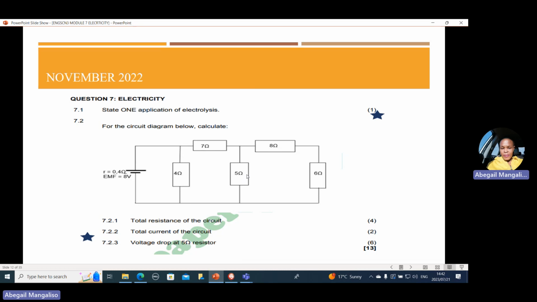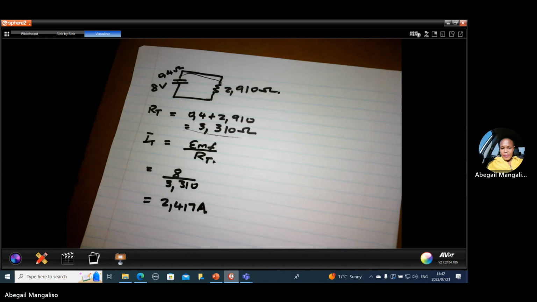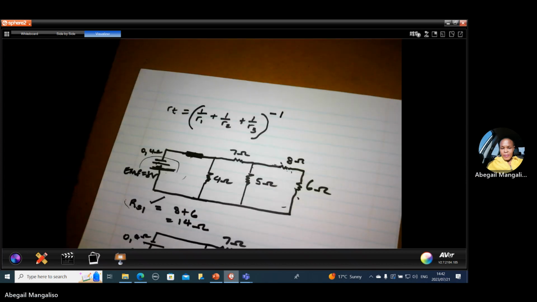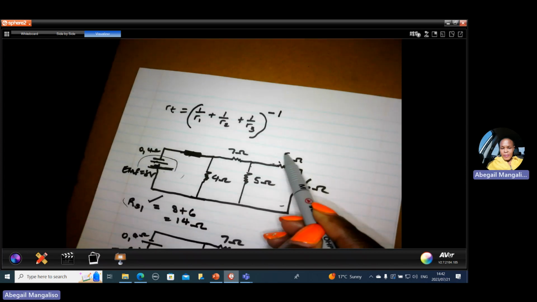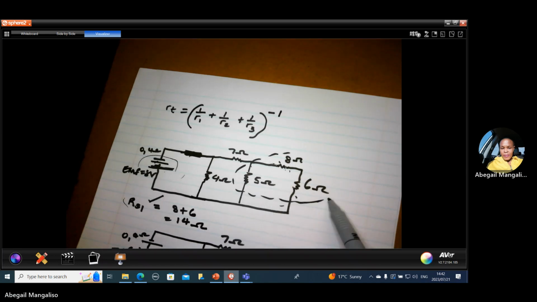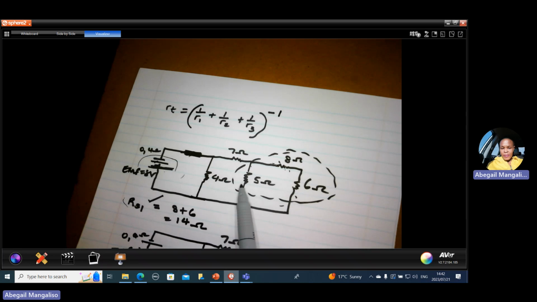Now, how do we calculate the voltage across this parallel section? Let's look at this circuit. If we can get this voltage, the total voltage, it will be the voltage across 5, because this part is a parallel circuit.